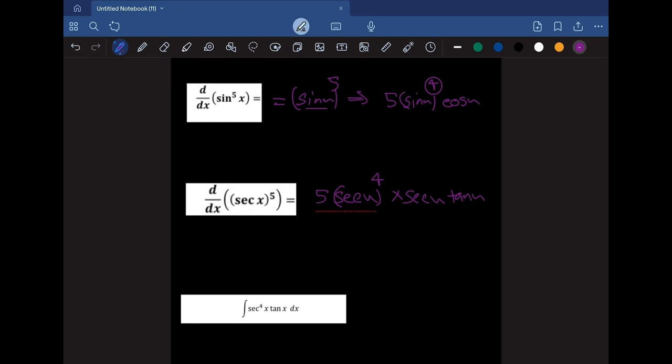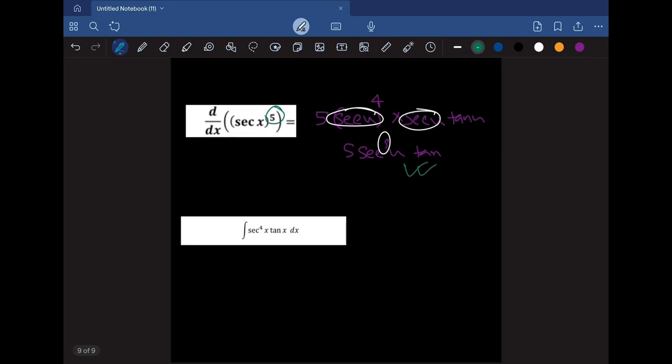So basically it remains as 5 sec to the power of 5 x tan x, because these two sec x are getting multiplied and it is becoming 5 again. So the power isn't decreasing in terms of sec x, and we have to remember this part while doing sec integration. It becomes really crucial. Now let's do this math.